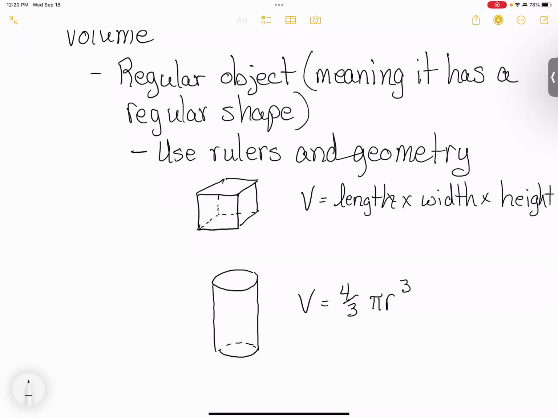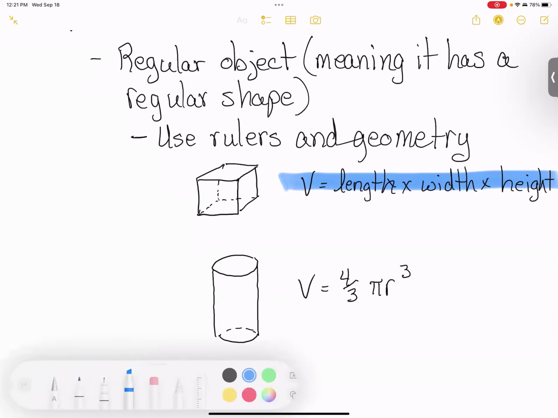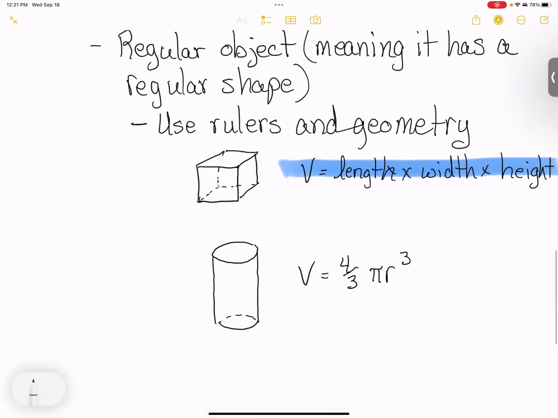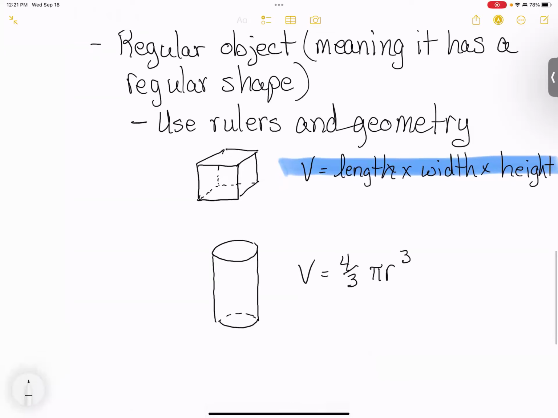The only one that you probably should know right off the top of your head is volume is equal to length times width times height, for anything rectangular or square. But anything else, you'll be given that equation.